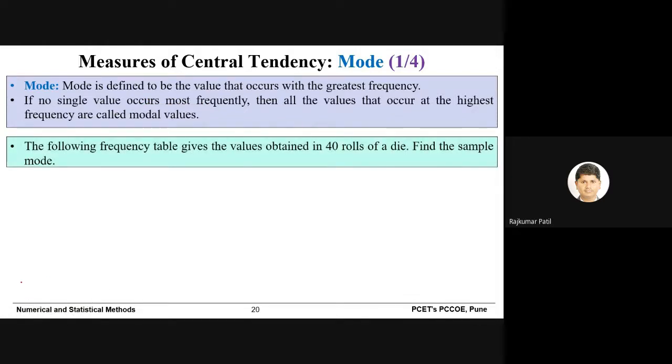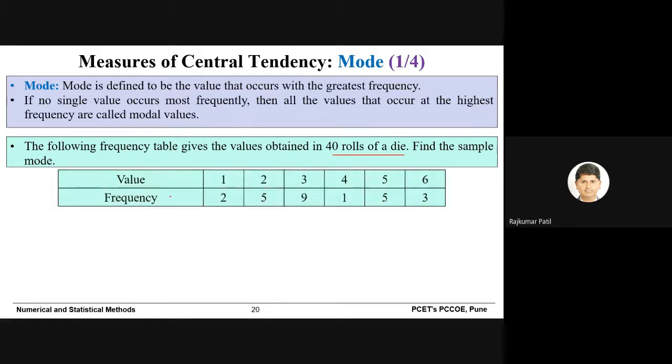Then we will take one example. The following frequency table gives the values obtained in 40 rolls of a die. Find the sample mode. Here we are continuously rolling a die, and we observed 1 for 2 times, 2 for 5 times, 3 for 9 times, 4 for 1 time, 5 for 5 times, and 6 for 3 times.